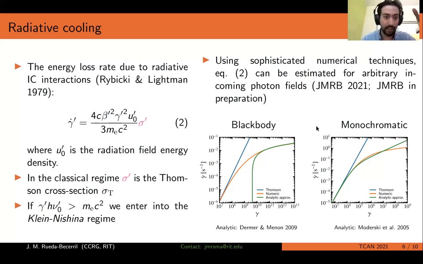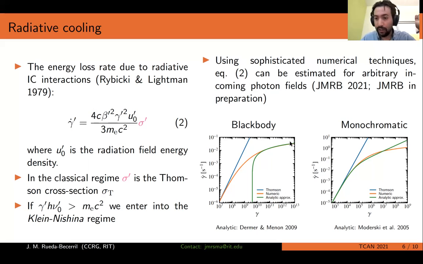That's something I wanted to achieve with these numerical techniques: to calculate the radiative cooling for an arbitrary incoming photon field. That is something novel for calculating the radiative cooling.